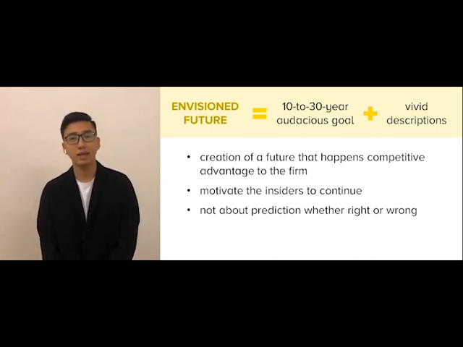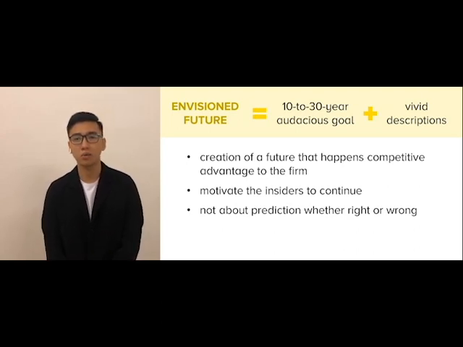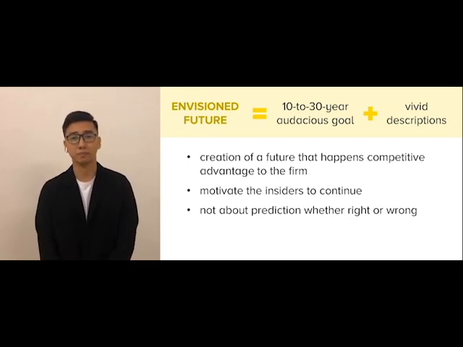However, setting the BHAG into the future should think beyond the current capabilities of the organization and the current environment. Furthermore, the BHAG should not be the best guess because it simply has only a 50% to 70% probability of success.